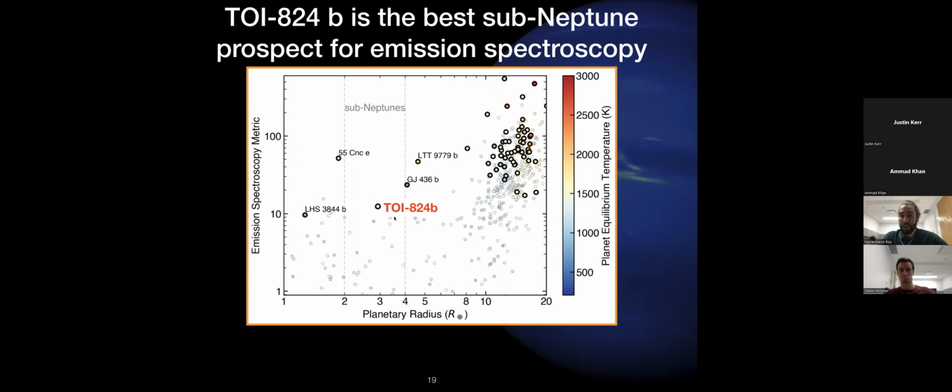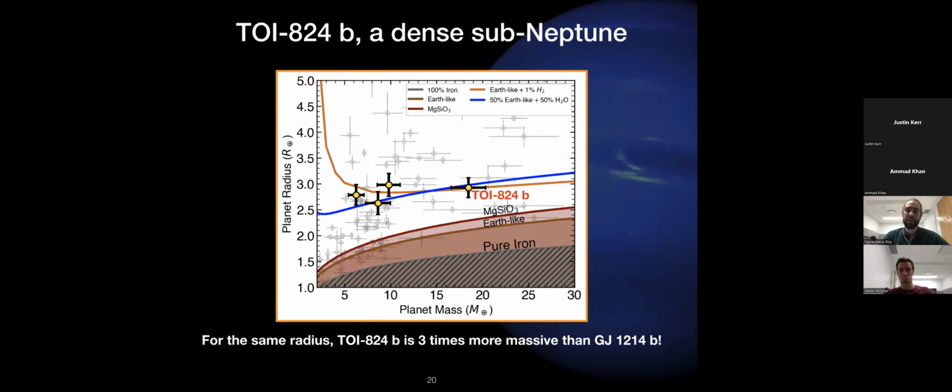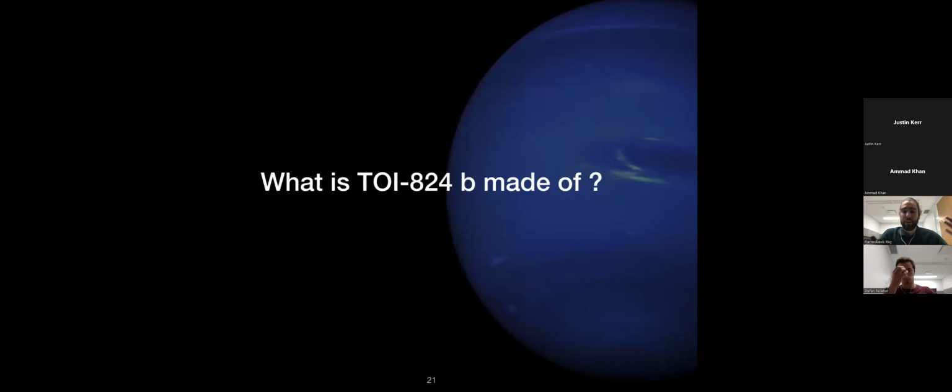Not only is it particular because it's hot, it's also really massive. So here I'm showing TOI 824b on a mass and radius diagram, and we see that compared to other sub-Neptunes that were characterized with Hubble in the past, for example, it's almost 3 times as massive. And this raises the question, what is TOI 824b made of? What's this dense sub-Neptune object?